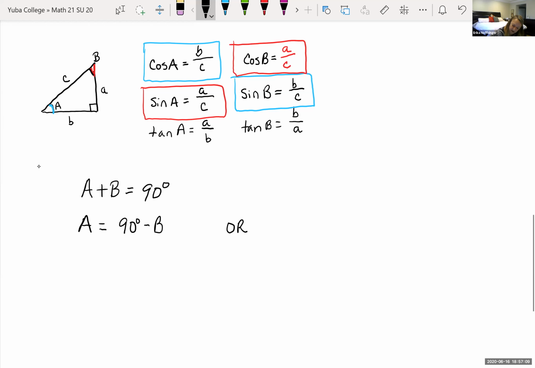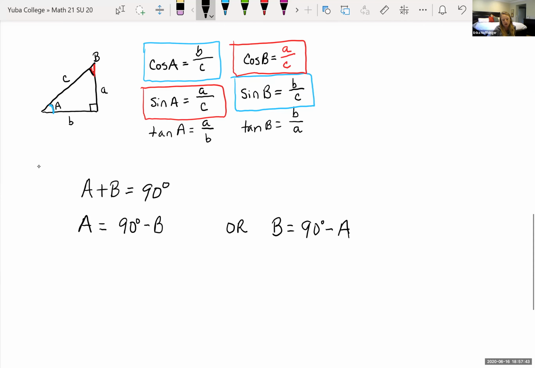Or I could solve with the same equation, that angle A plus angle B has to equal 90 degrees, for angle B. If I subtract angle A on both sides, angle B is the same thing as 90 degrees minus angle A. Do you guys remember what it was called back in geometry when two angles sum to 90 degrees?